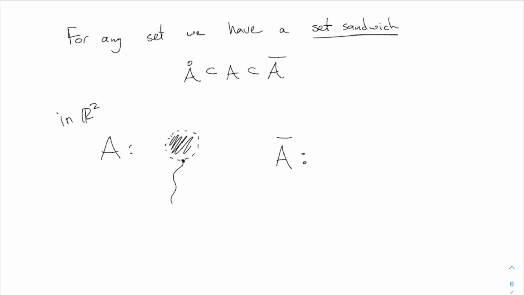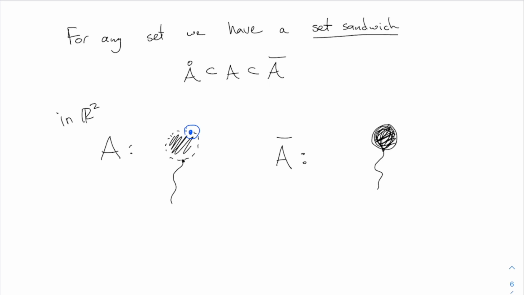It's because those points right on the edge, they do have that property that any neighborhood around that point touches the original set. And so those points need to be part of the closure. So the closure of that set is the same, but it includes that sort of circle around the balloon part. That's the closure. All right.